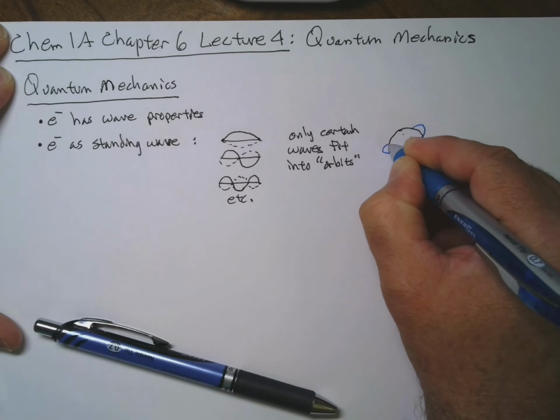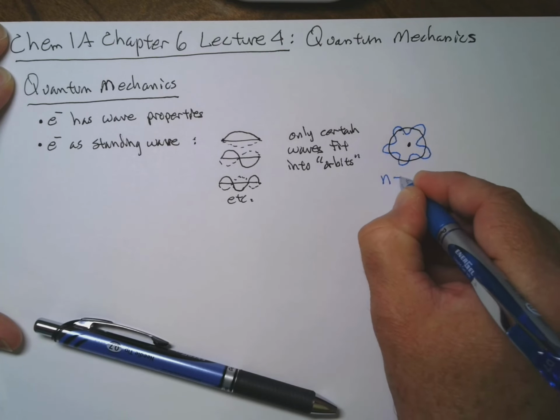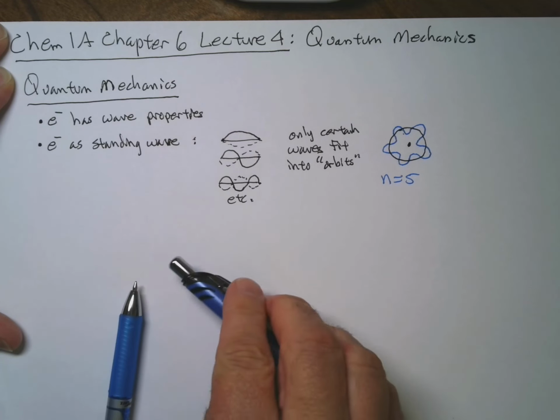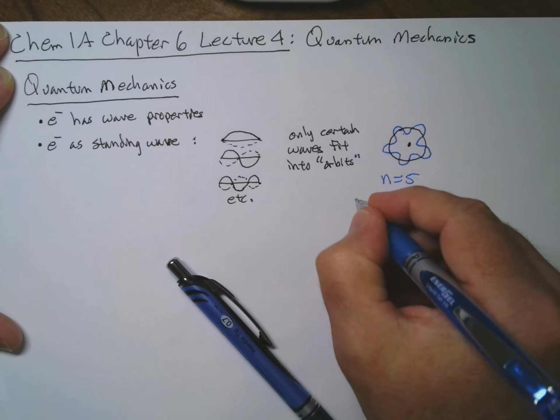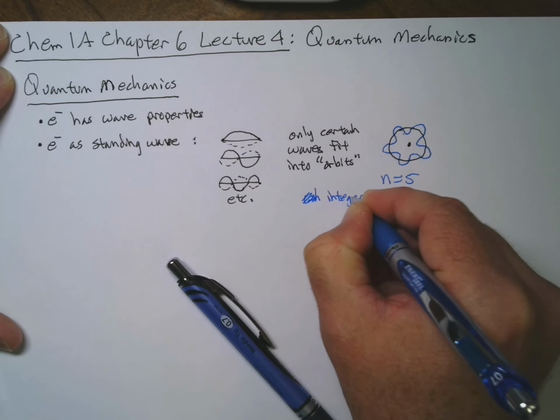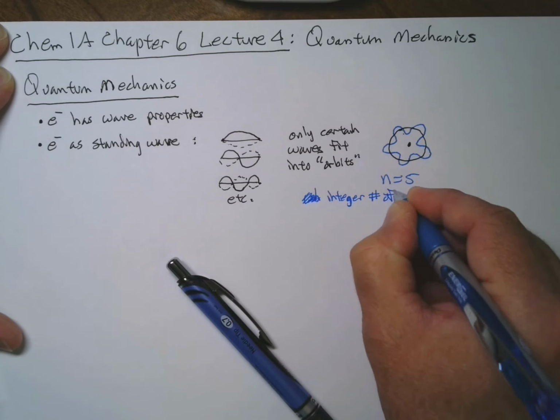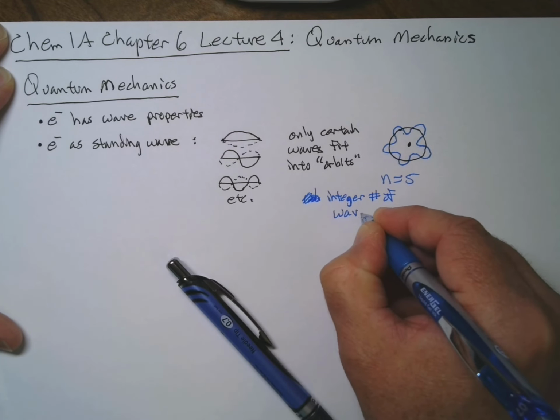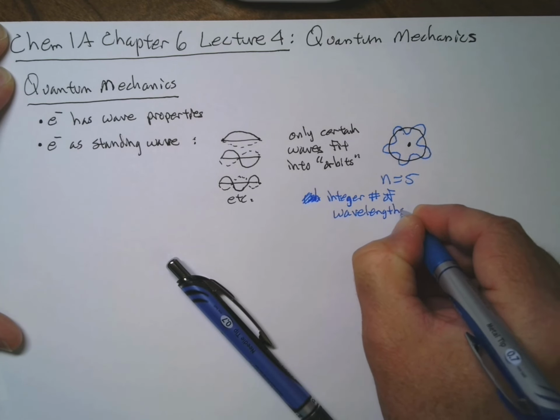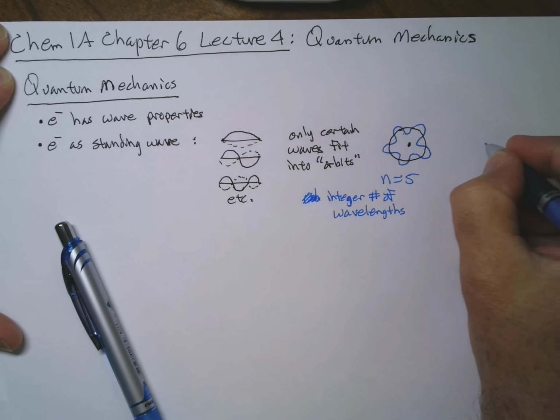Here we have n equals 5. We have some whole number, an integer, of wavelengths, because integers are whole numbers. That is, an integer number of peaks. I'm referring to those as wavelengths.